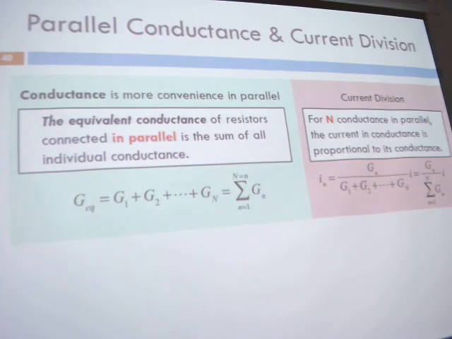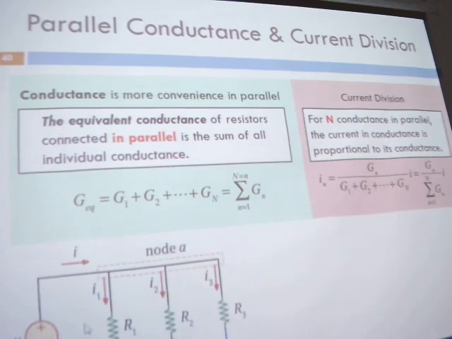Clear? Okay. So remember it in your heart. When resistances are connected in parallel, just use conductance. If connected in series, just use resistance. It is the same, just the value is reciprocal. Clear?